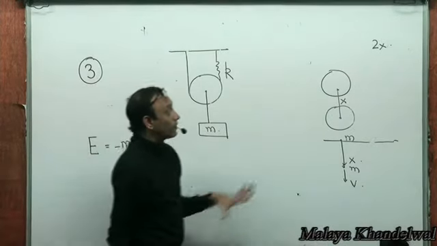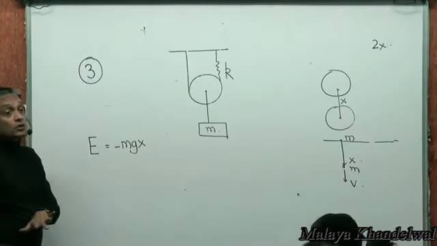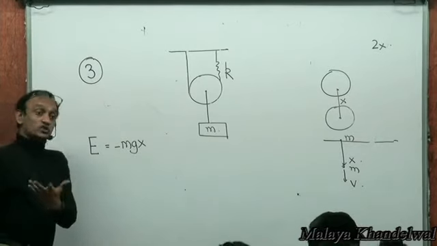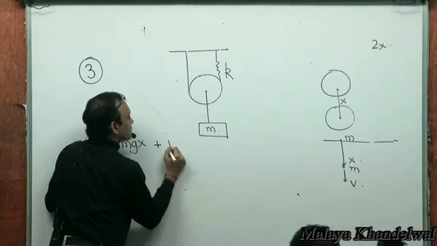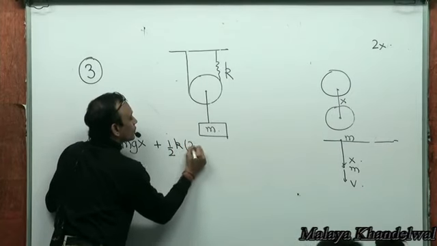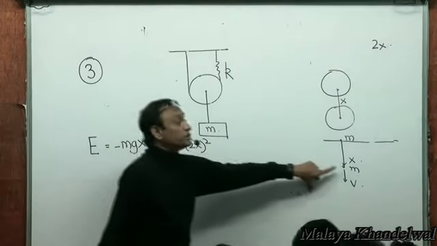The energy expression in an intermediate state. Right? What is the elastic potential energy in the spring? Half k into 2x squared, because the spring has got elongated by an amount 2x. What is the kinetic energy of the mass in this?